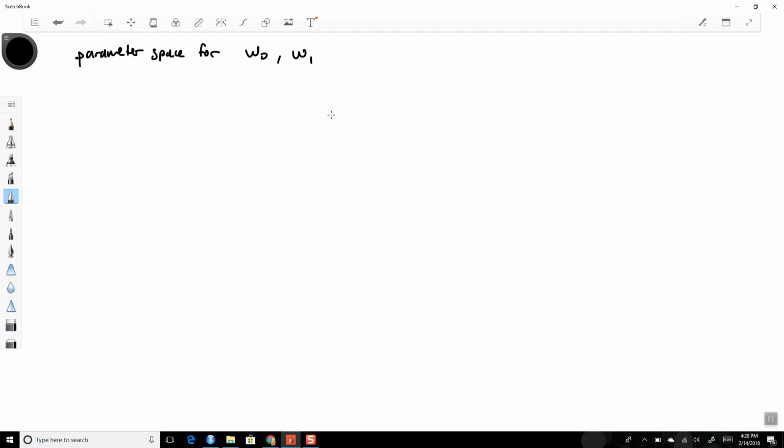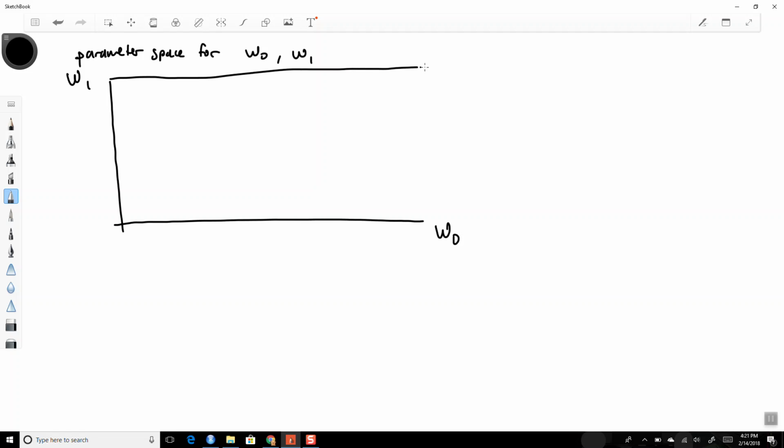This considers all possible W0, W1. Technically, our W0 and our W1 could be anything from negative infinity to positive infinity, right?